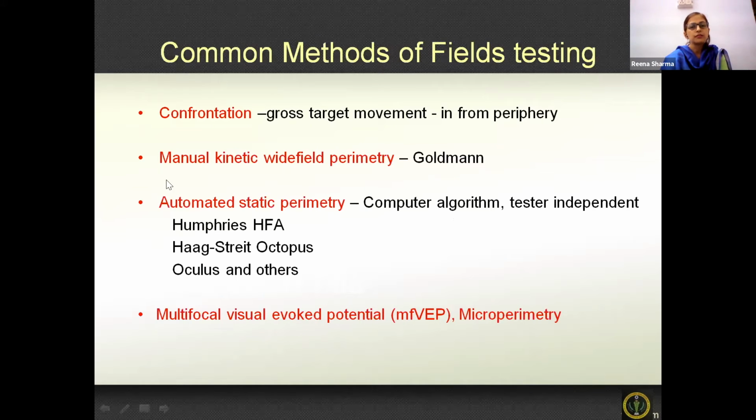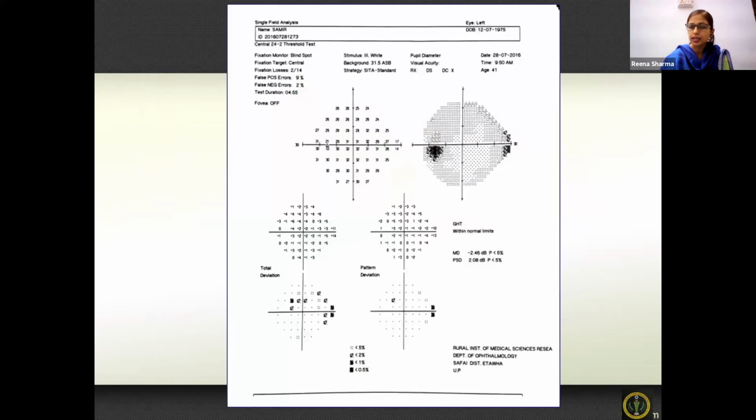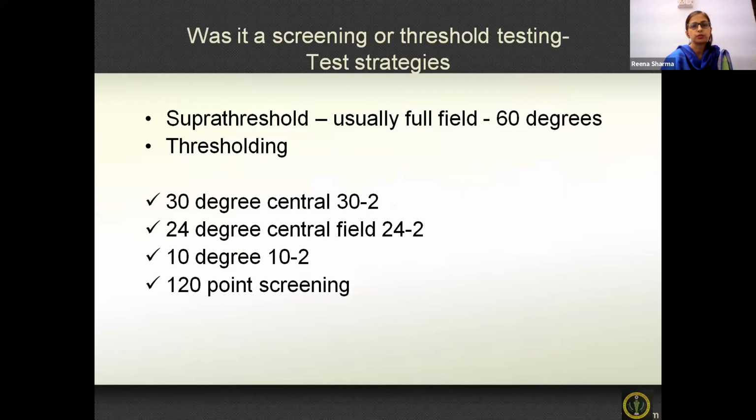The common methods used include confrontation, Goldmann, which is a manual kinetic wide field perimetry, automated static perimetry, and multifocal VEP and microperimetry, which are the newer additions. Of these, the most commonly used is the Humphrey field analyzer, and this is the printout of the Humphrey field analyzer, which I will try to interpret today.